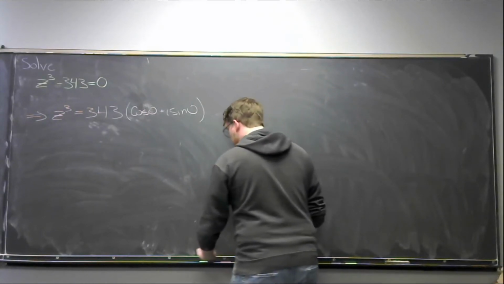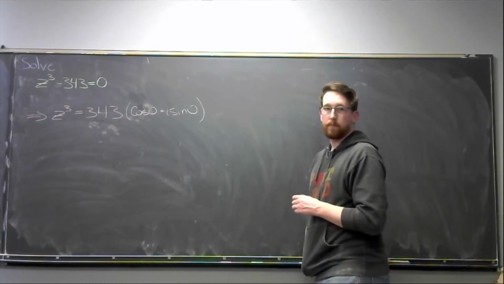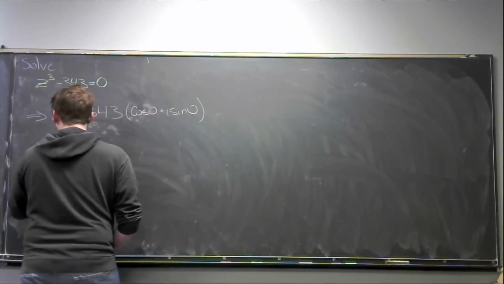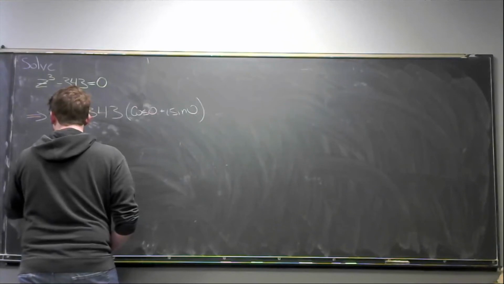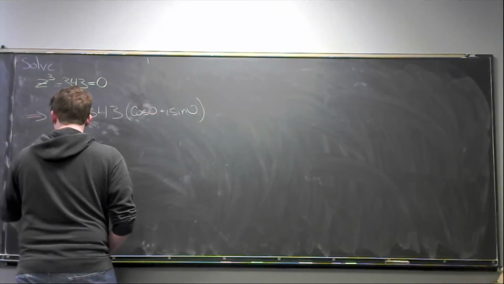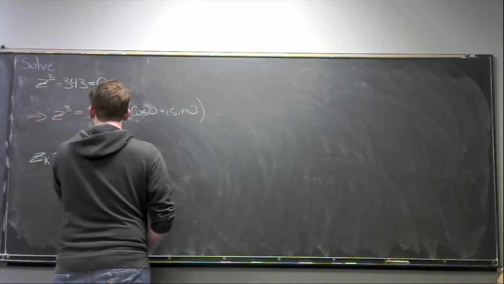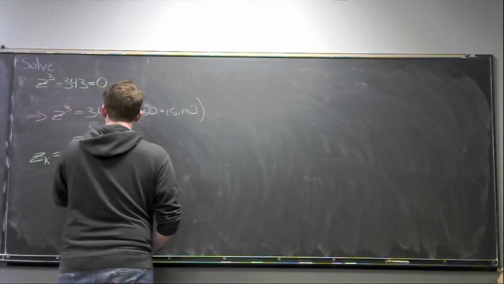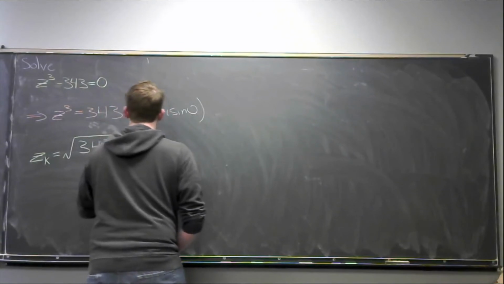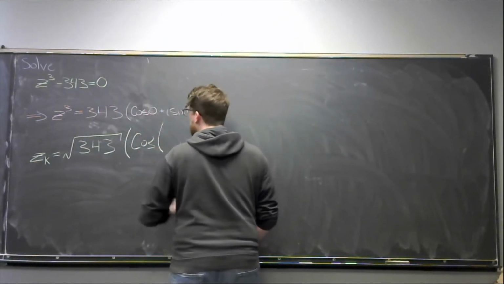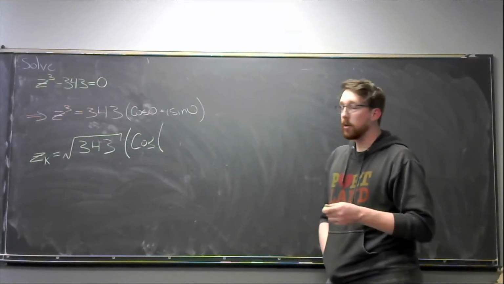Now, because of this, we know that all of our z_k's have to be the cubed root of 343 times the cosine of our original angle plus 2 pi k divided by 3.